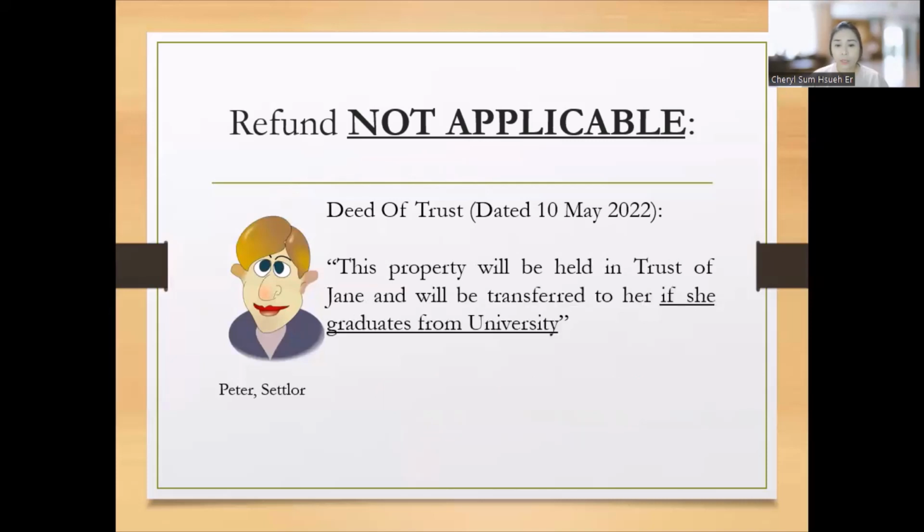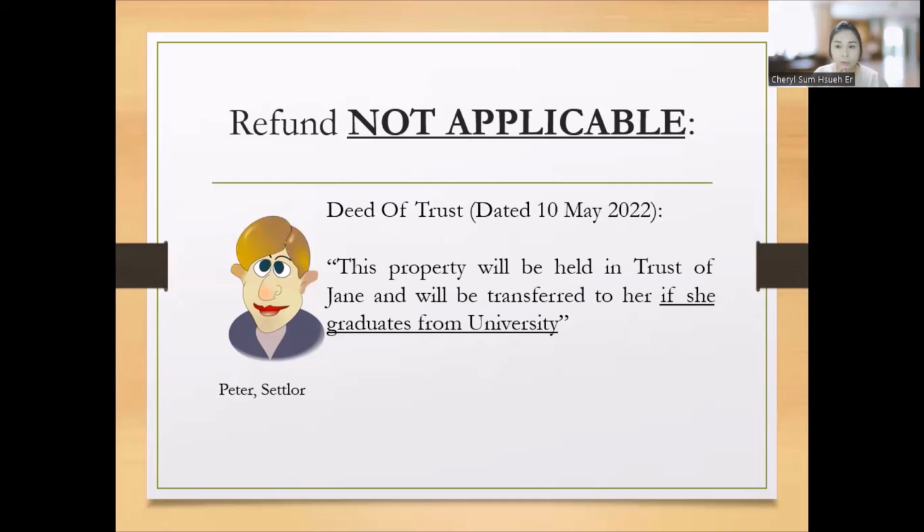The second situation is this. In this deed of trust, dated 10th May, which is under the new policy, the property will be held in trust for Jane and will be transferred to her only if she graduates from university. Do you realize this situation? It means that the beneficiary may or may not ultimately get the property, isn't it? If she doesn't graduate, she doesn't get the property. But if she graduates, then yes, the property will be transferred to her.